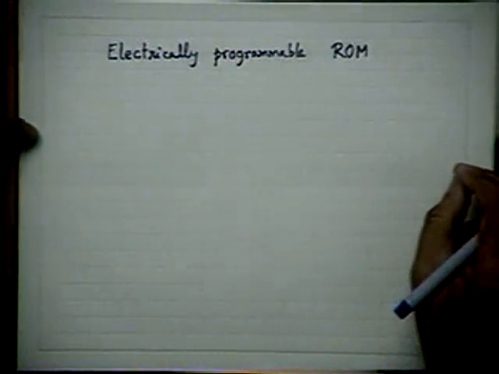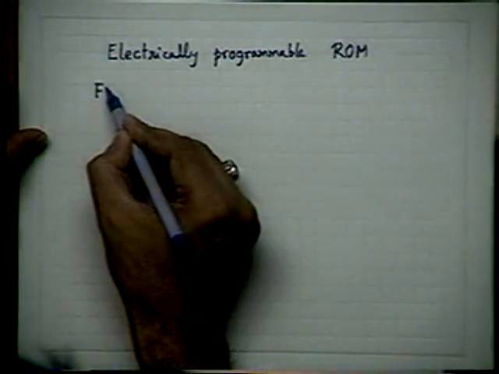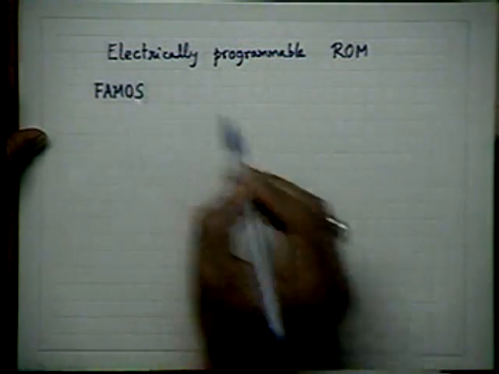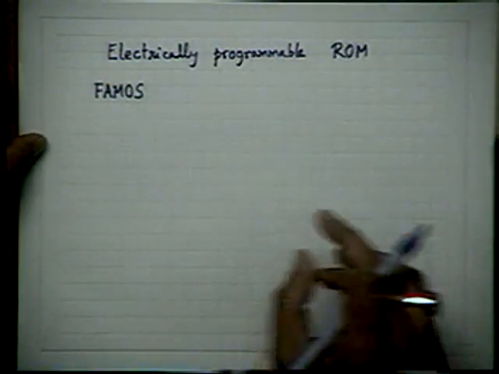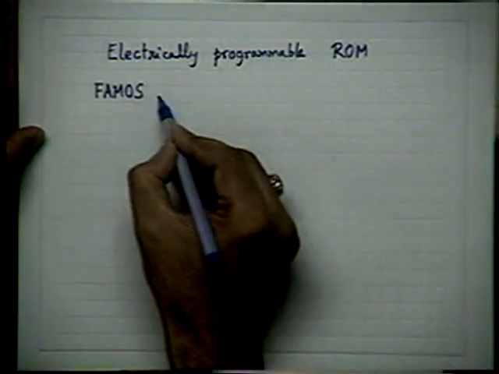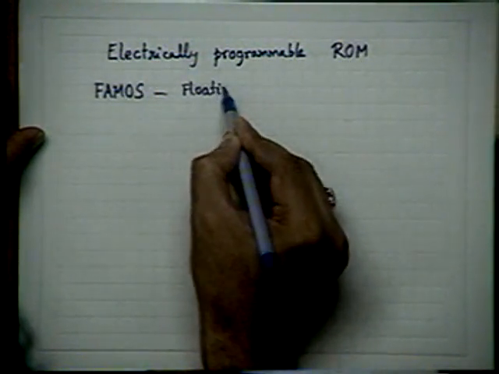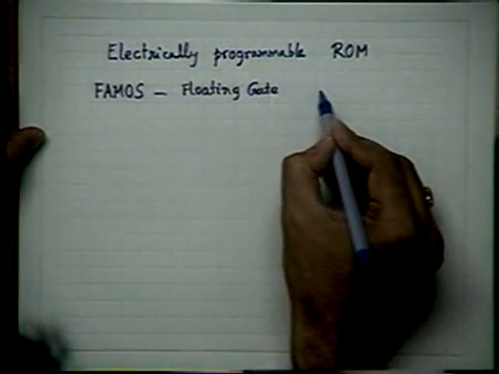The first one, simply for writing the memory and not erasing out, we use a device called, I think, I faintly remember that it was discussed also in my device course very briefly. A device called FAMOS, or floating gate avalanche MOS.